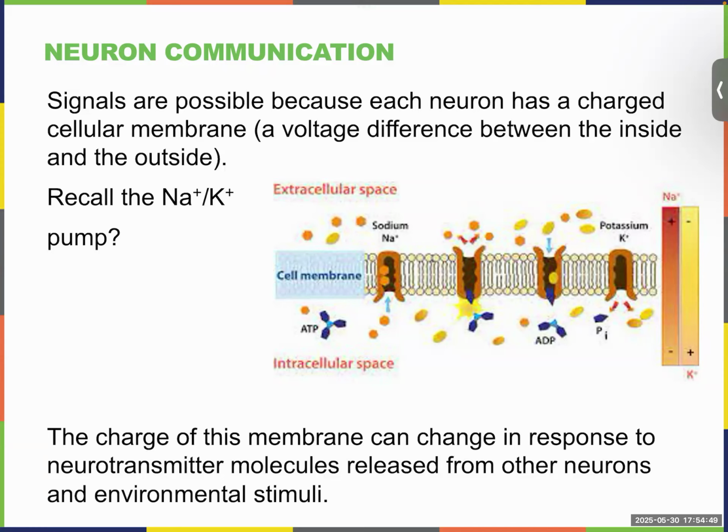So as a result, since you have more sodium on the outside of the cell versus the similarly charged potassium on the inside, the outside of the cell usually has a positive charge and the inside of the cell has a negative charge. Okay. Now this charge gradient, where it's more positive on the outside versus the inside, does change when the neurons get active during an action potential.